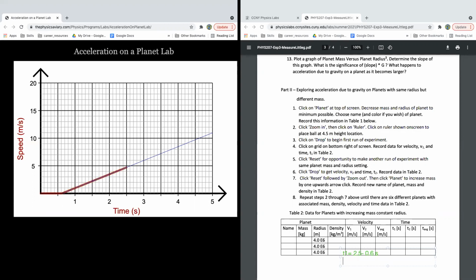So you take 2 batches, record each data in V1, T1, and V2, T2, and take the average. Then click reset to zoom in. Zoom out.